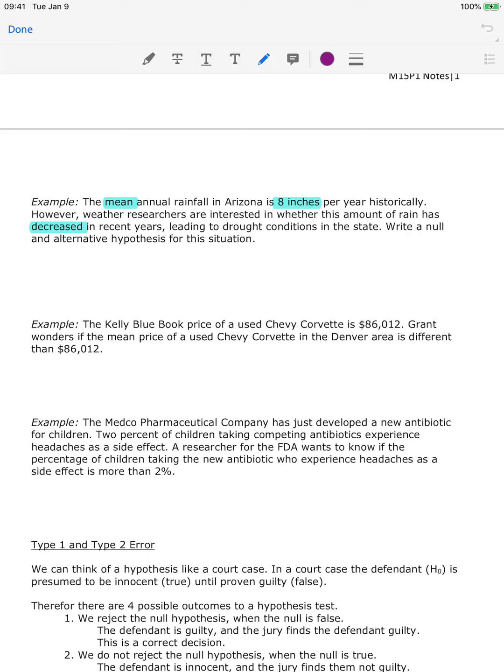So our null starts HO, and it's going to be mu equals, always equals 8. Because the mean equals 8 historically. So we're going to assume that the mean is going to be 8 again. But now our alternative is that we think the mean has decreased, so we think the mean is now less than 8.